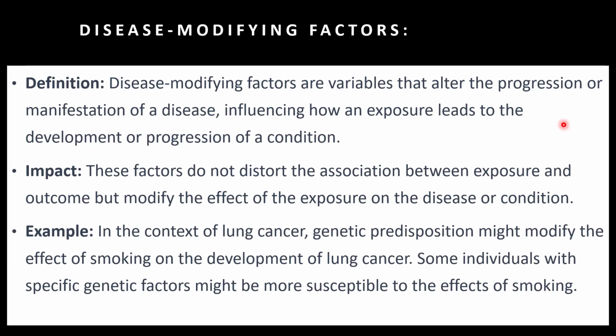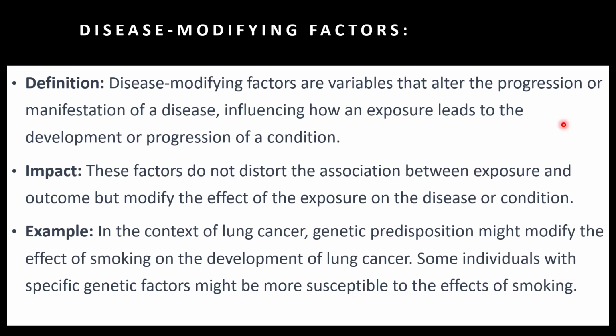What are the disease modifying factors? The disease modifying factors are variables that alter the progression or manifestation of the disease, influencing how an exposure leads to the development or progression of the condition. The example of this in the context of lung cancer, the genetic predisposition might modify the effect of smoking in development of lung cancer.